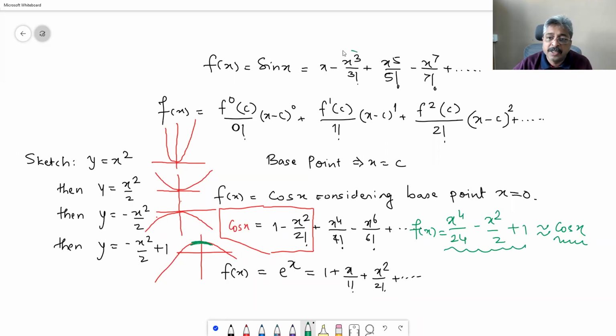We did it in case of sin x also. The first two terms make a cubic, and x minus x cube upon 6 behaves like sin x.